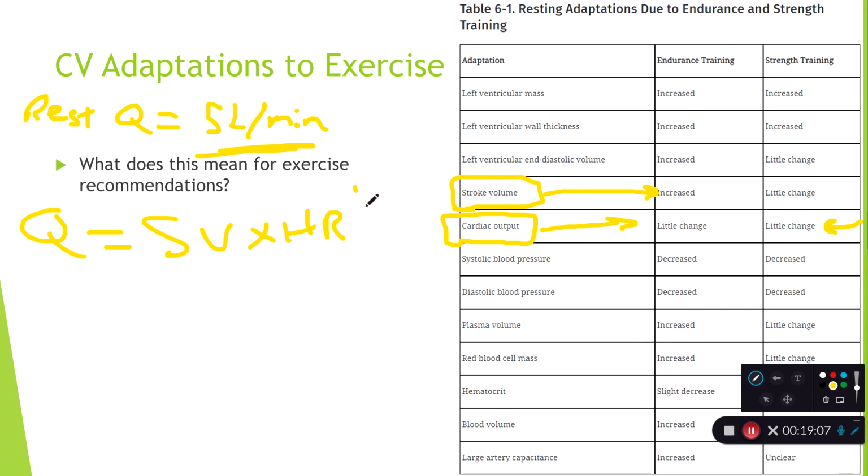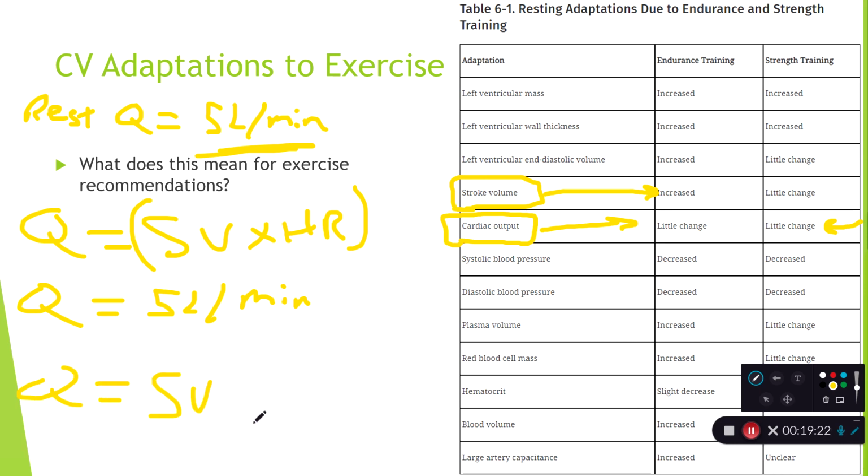But you're going to change the component parts. So for cardiac output to stay at 5 liters per minute, what has to happen is stroke volume is going to increase while heart rate is going to decrease.